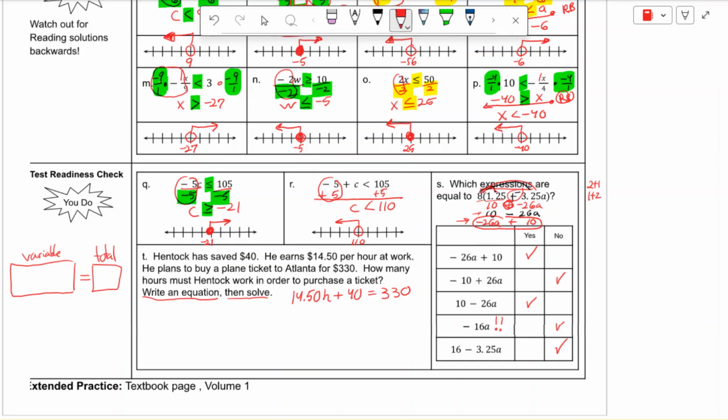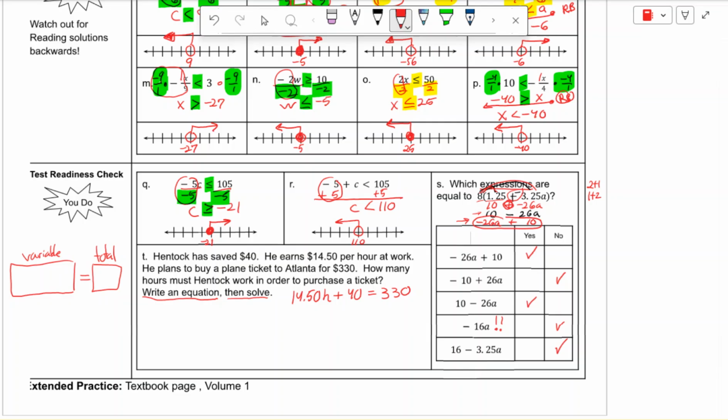You have to keep them separated. And then finally, 16 minus 3 and 25 hundredths a. If you chose this one, it's likely that maybe you just are having some multiplication distributive problems, or you have no idea how to do this. So you got to get some help. Ask your teachers how to do this one so you know how to do it.